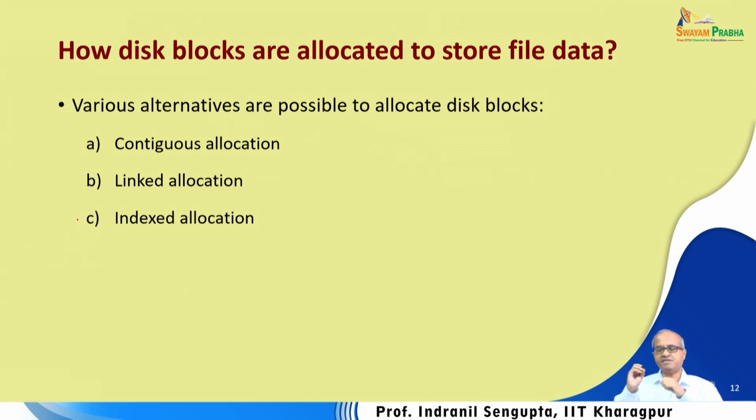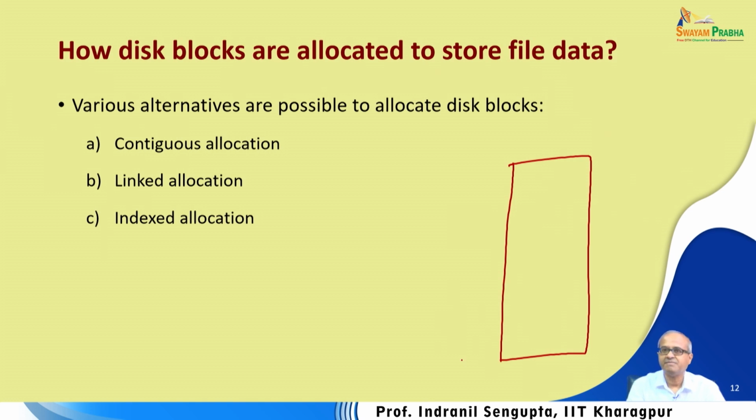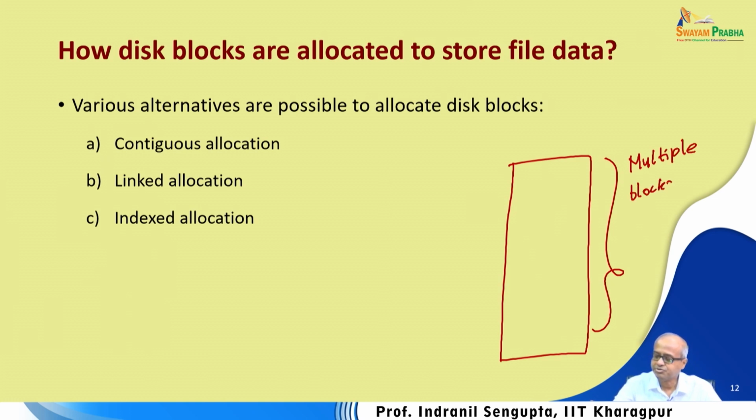Now, importantly, let us first look into this. When I create a file, I need to give space on the disk where the file data can be stored. Let us first look into how exactly the disk blocks get allocated, because I can have a file which can be pretty large, and this file may require multiple blocks to store the data.